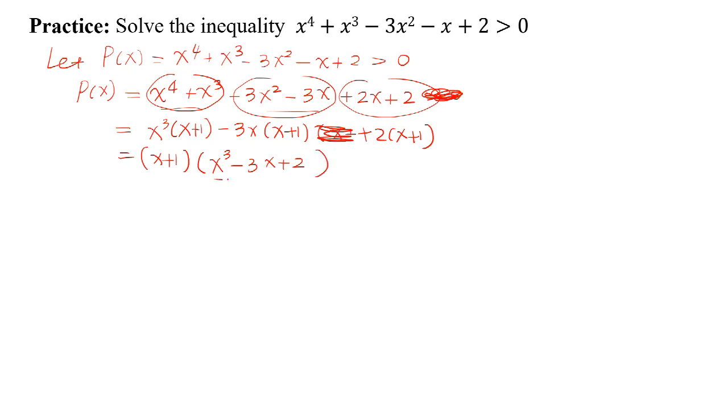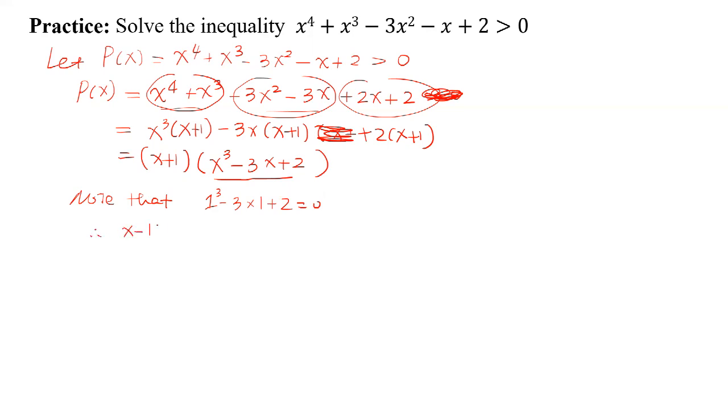Okay, so next we need to factor this expression, right? So this time there's no better way to do this. So we can consult the factor theorem along with the integral zero theorem, right? So note that when you put 1 in, 1 cubed minus 3 times 1 plus 2 is 0, right?